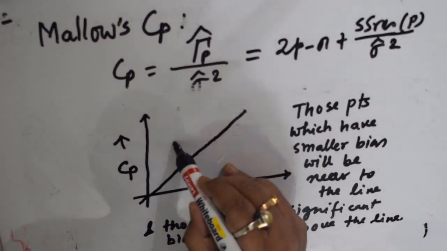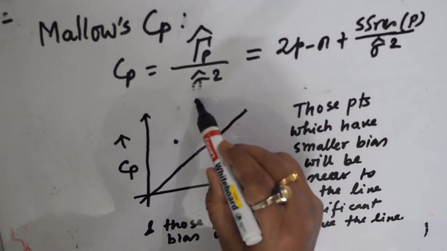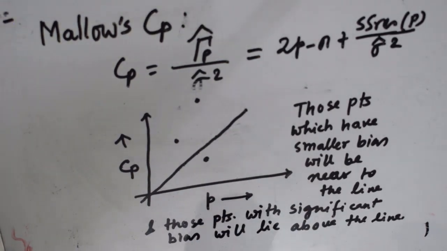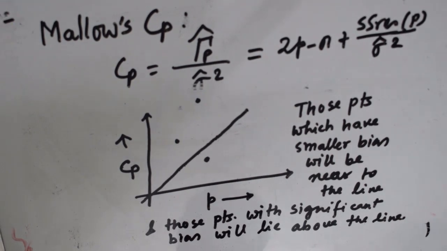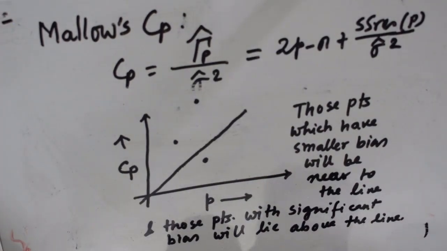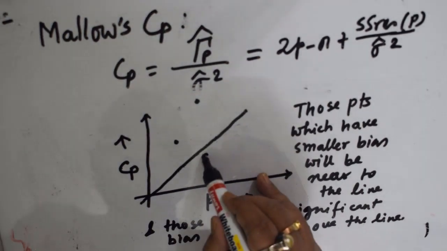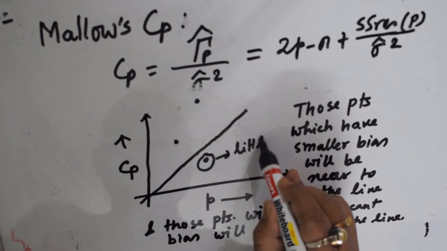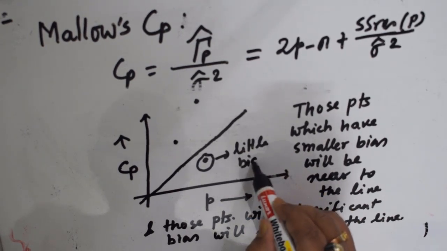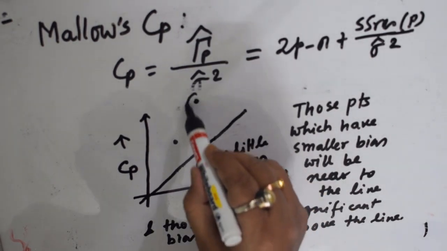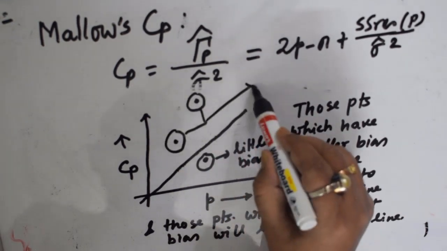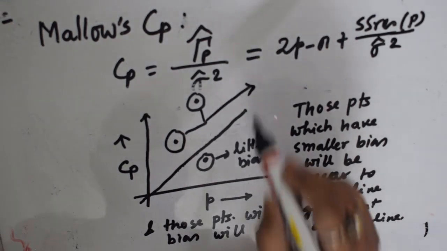So this has little bias, and this point has substantial bias.